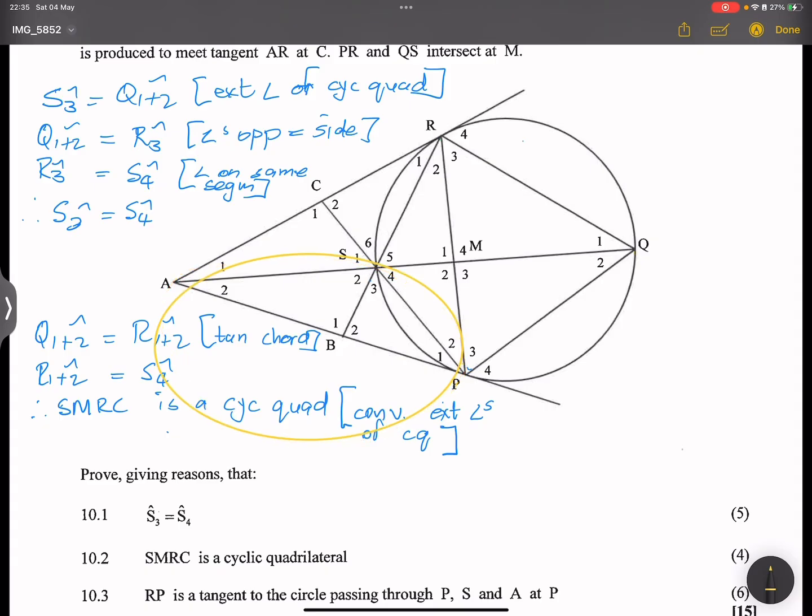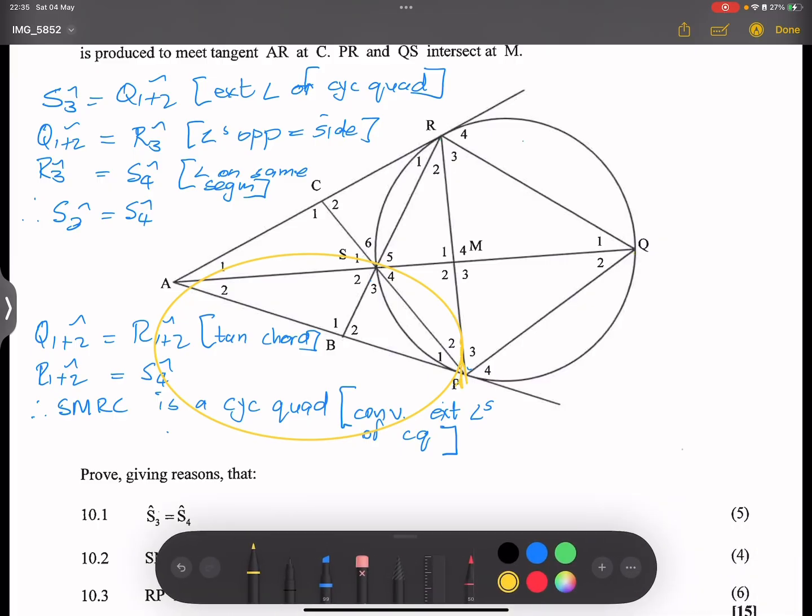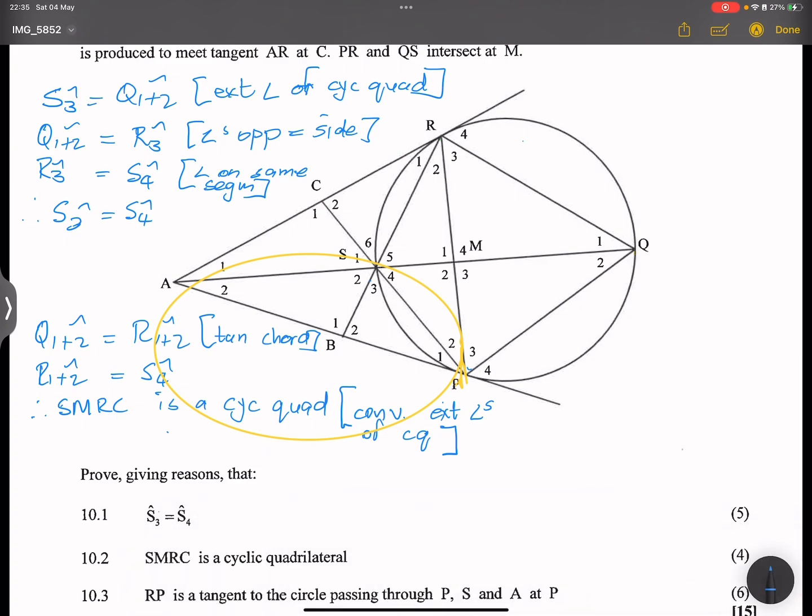If there would be a circle and that was a tangent over there, we could use the tan-chord theorem and say, well, it would mean that P2 would be equal to A2. Can you see that? If we can prove P2 equal to A2, then we can say that definitely PR would be a tangent to that imaginary circle that we do not have.